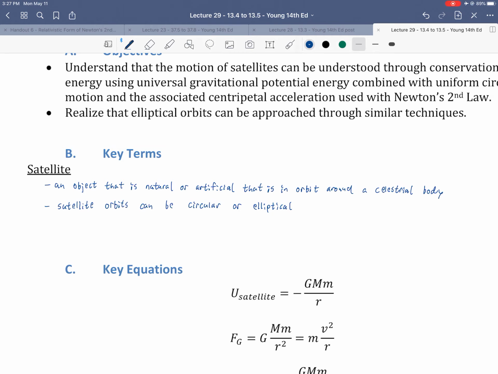including eccentricity. An important idea about satellites is that satellites have to have a large enough velocity and thus kinetic energy so that they never hit the ground.